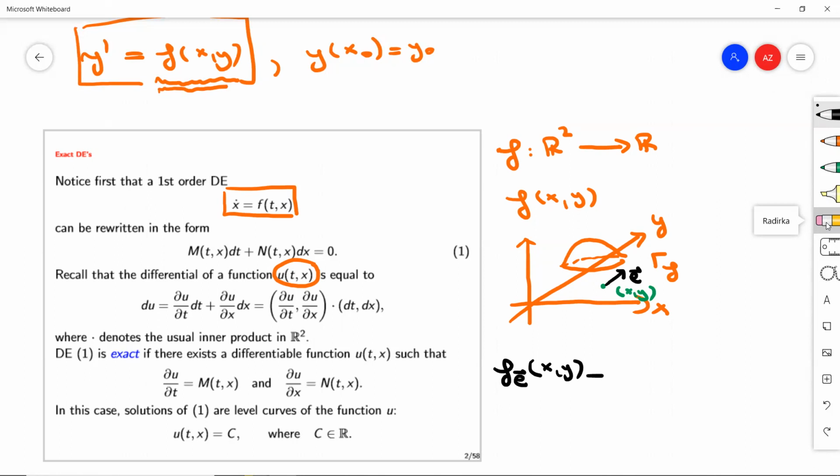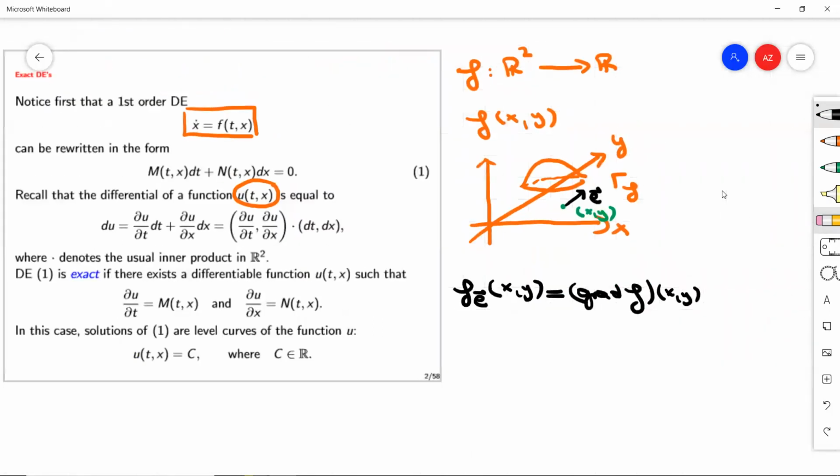And you can recall from calculus that this is the gradient of f in the point x, y, dot product with this e.